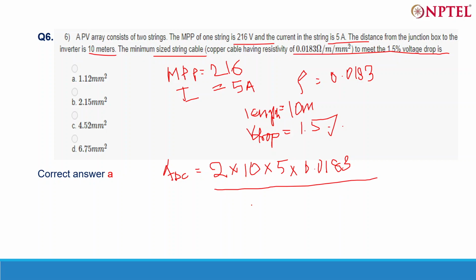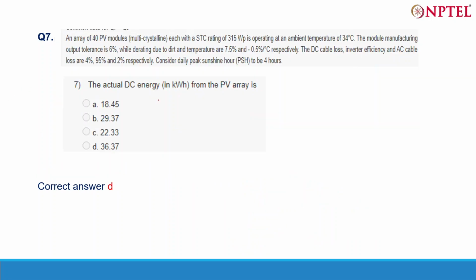What is the loss? 1.5% is the loss, so in actual loss will be 0.015, divided by 100 into voltage of the string 216. So calculated, it will be 1.12 millimeter square. Okay, so minimum size of the cable string is 1.12 millimeter square.